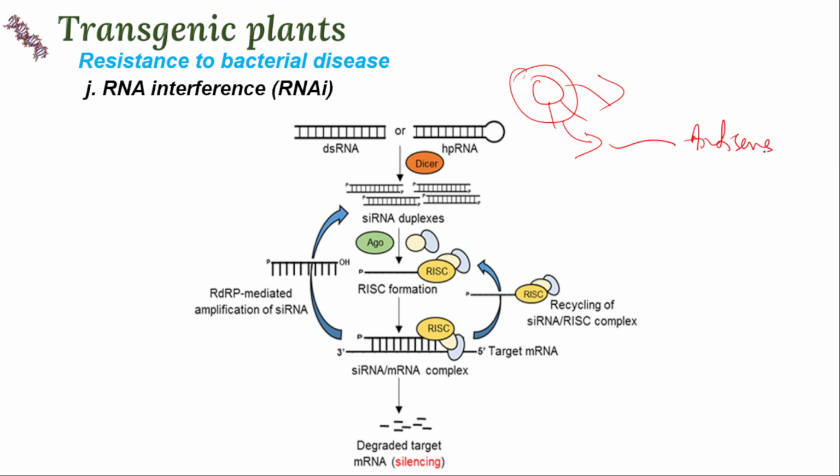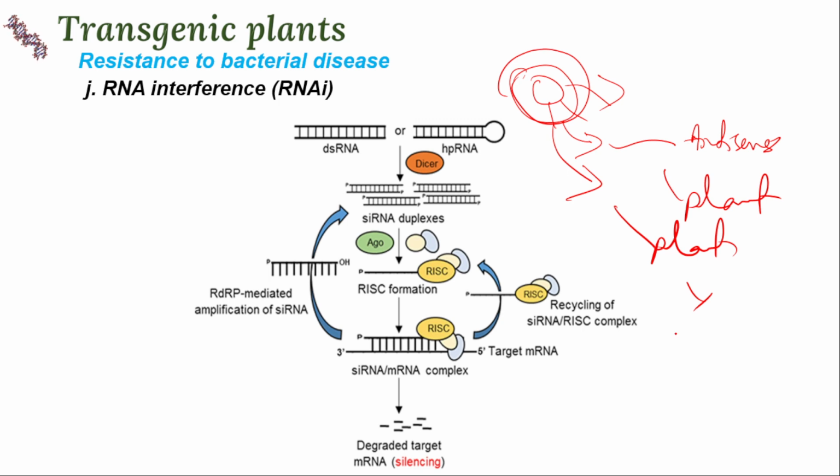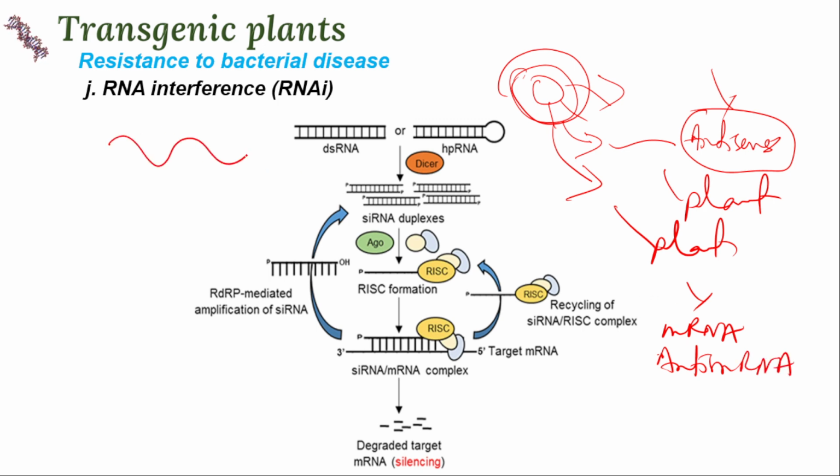So this antisense RNA of the entire strand will be introduced into the plants, whenever the sense strand of this pathogen integrates into the plant genome, it will express and produce the mRNA. Same way in the plant also, because of introduction of this antisense RNA, it also produces antisense mRNA. This antisense mRNA and mRNA, because of complementation, will form a double-stranded mRNA.